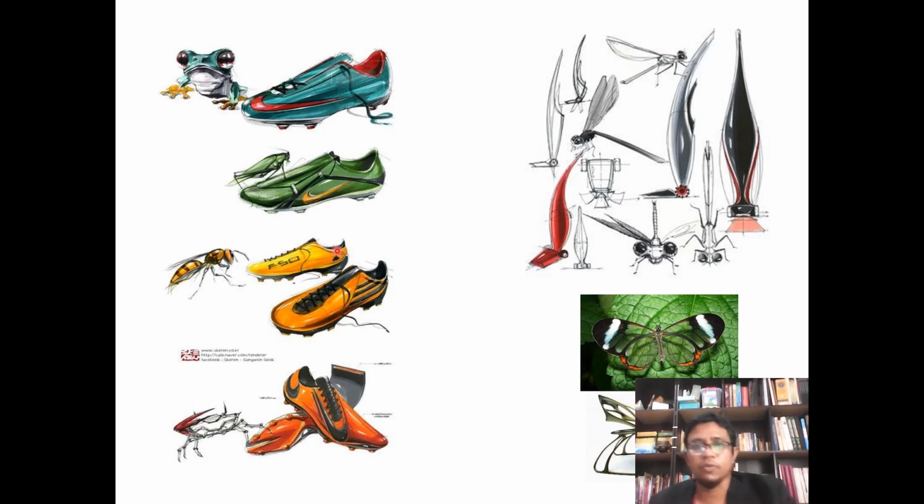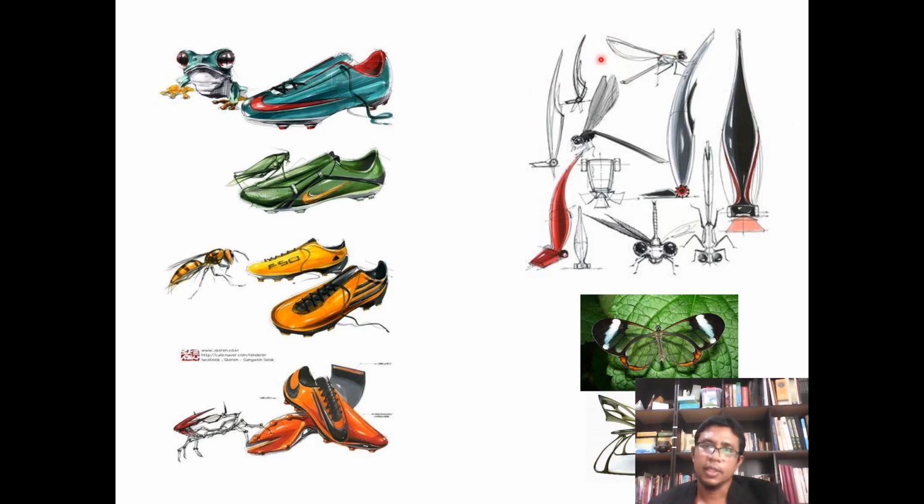Because of different sources, it produces different kinds of ideas. We can see the similarity in the characteristics, the color and the pattern from the source, on the right side.